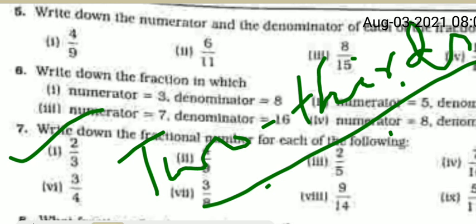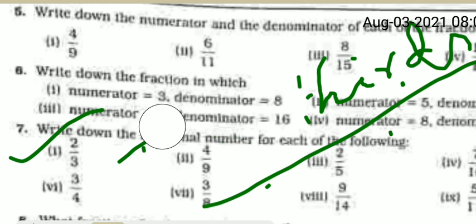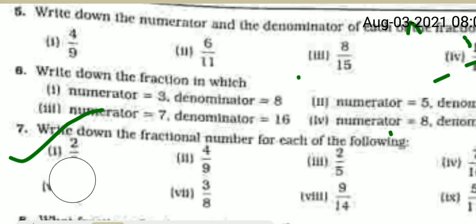Okay, first one will be 2/3. Then second one, 4 by 9, it will be 4 9ths. 2 by 5, it will be 2/5. 7 by 10, it will be 7/10. Like this way you have to solve. So up to question number 7 you have to solve.